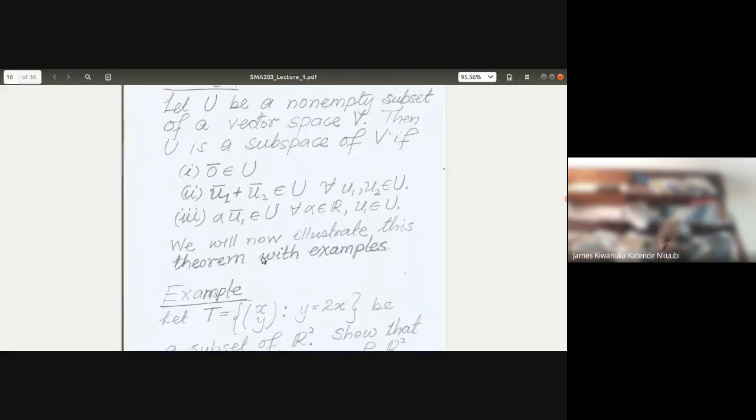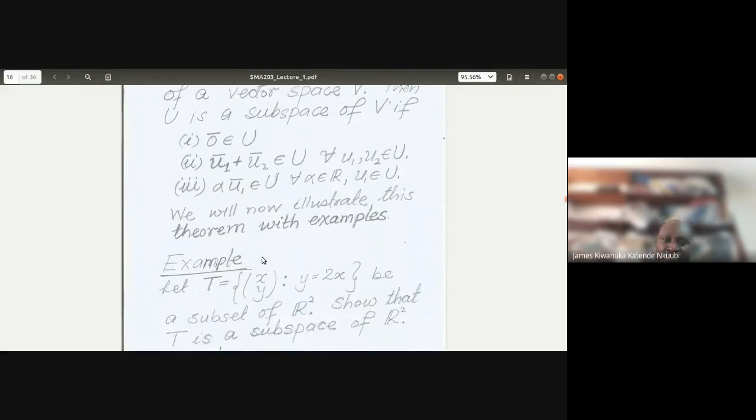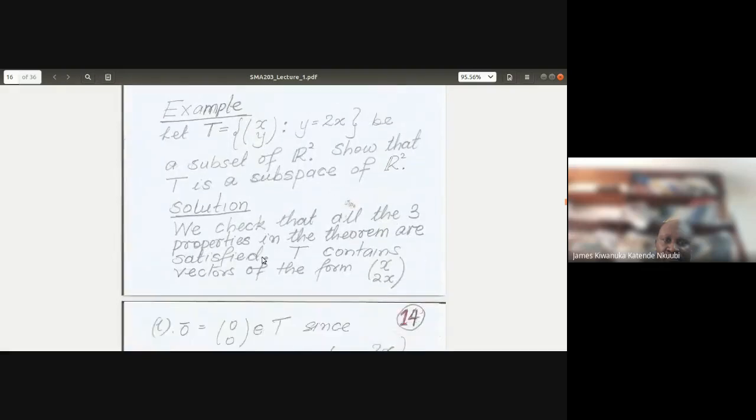So we'll look at some examples. We create the following subset of R2, which is made up of ordered pairs (x, y) such that y is equal to 2x. Our task here is to show that T is a subspace of R2.